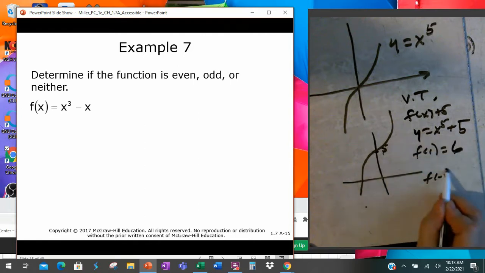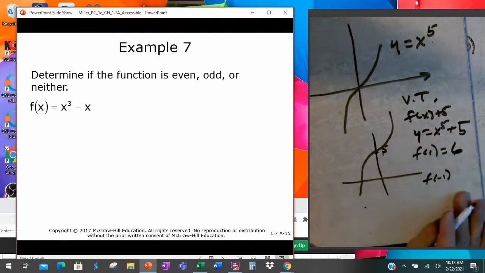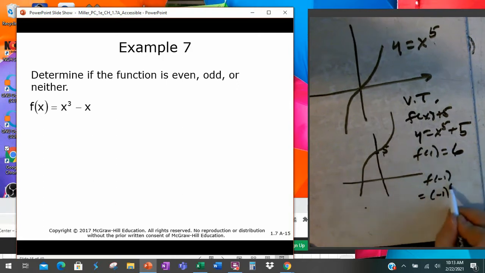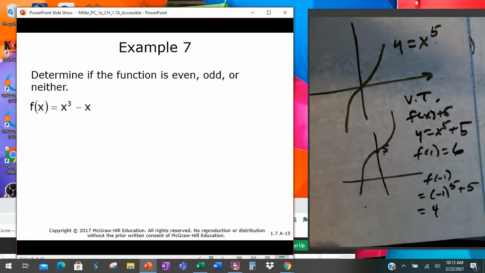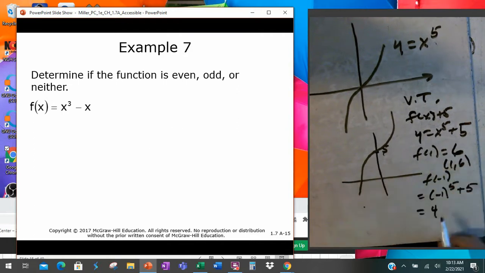But if I do negative 1, it would not be negative 6. This would be negative 1 to the 5th plus 5. This is now 4. So this is (1, 6).